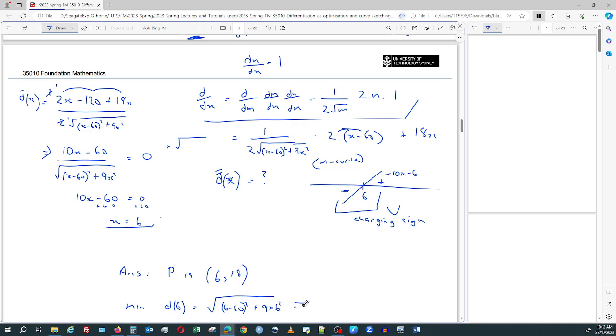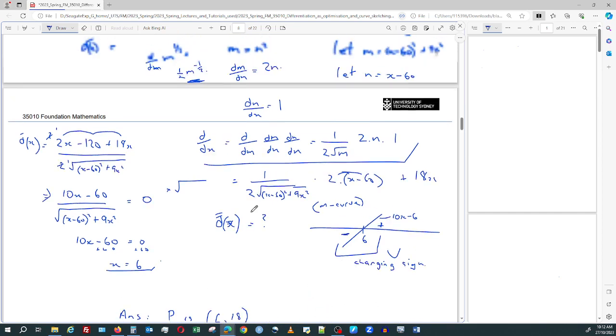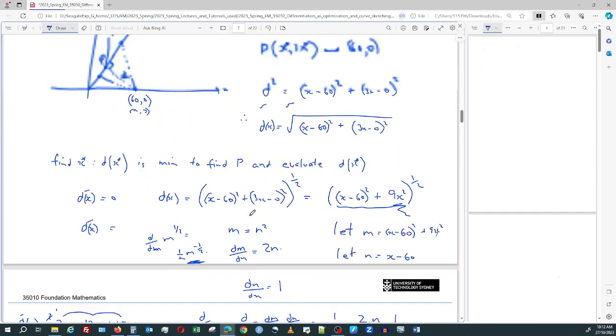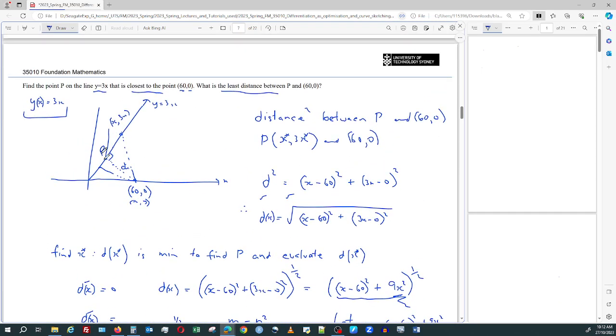Which approximates to 57, nearest integer. Wow. So 57 is the minimized distance of P to some point on the x-axis. That's the length. 57 is a minimum value.